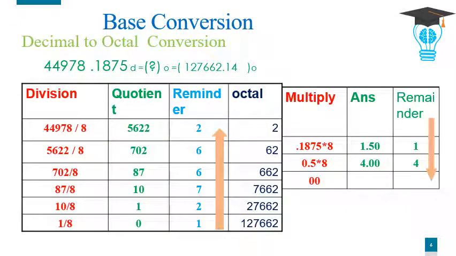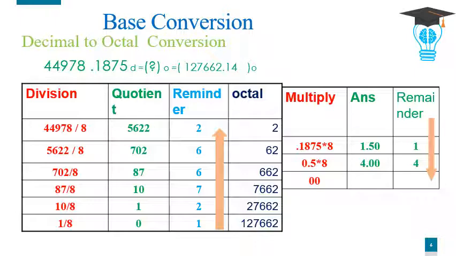Very similar to decimal to binary conversions, where we have divided the decimal number by 2, now we have to divide the decimal numbers by 8. Again here also the number before the decimal point is taken separately, that is 44978 as an example, and it is divided by 8.